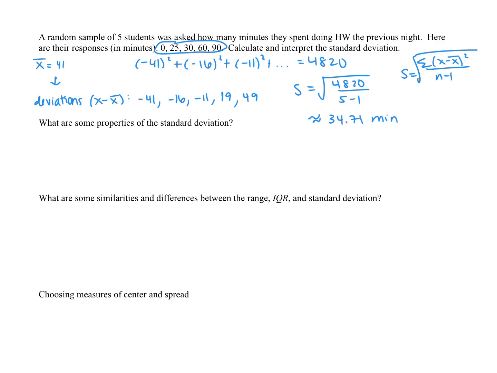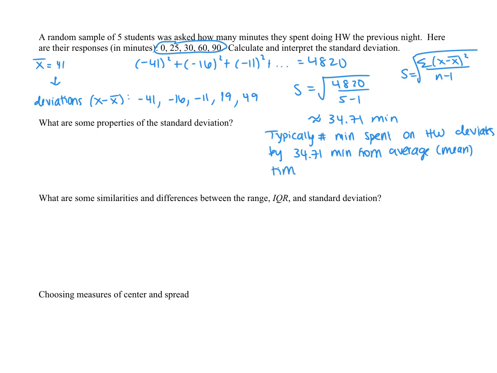Okay. If we were to interpret this, it's the typical deviation from the mean for all the observations. So we would say something like, typically, the number of minutes spent on homework deviates by 34.71 minutes from the average or the mean time for these students.